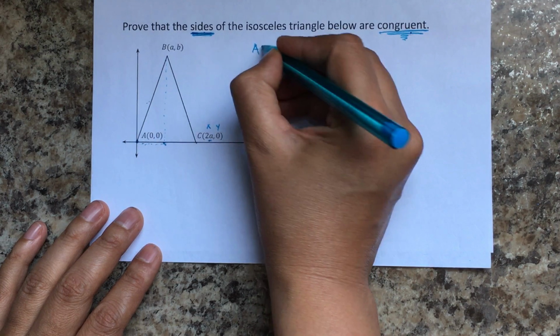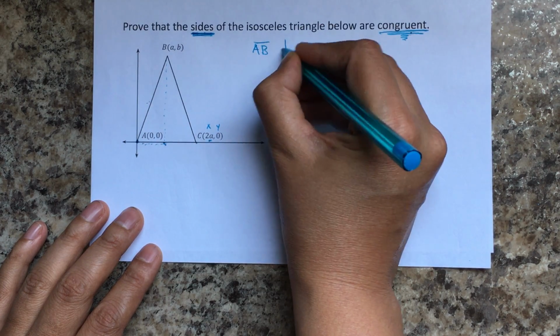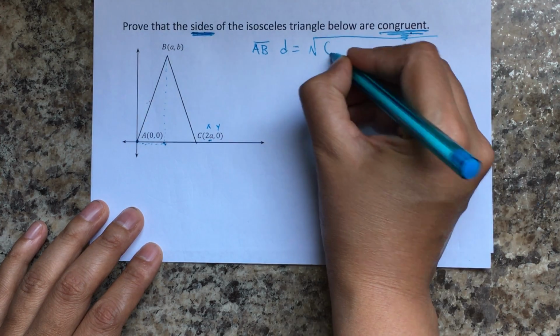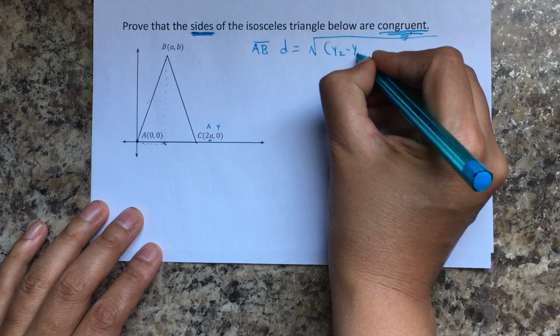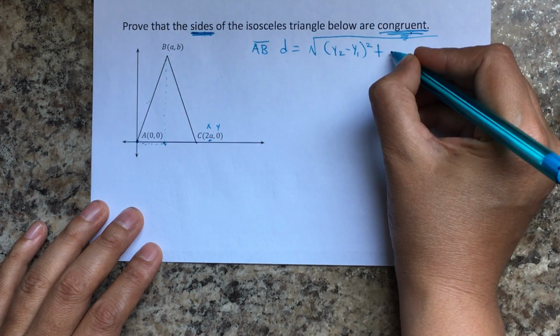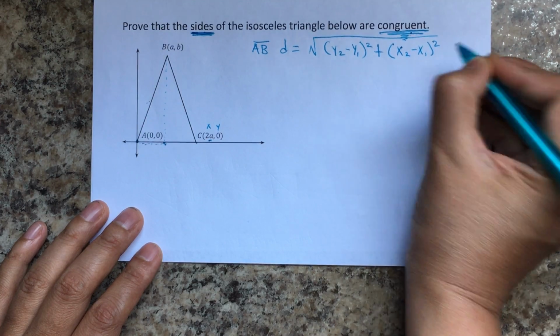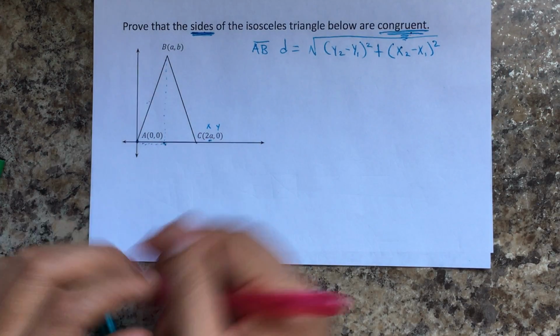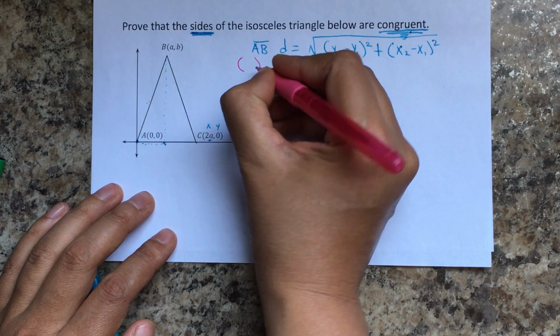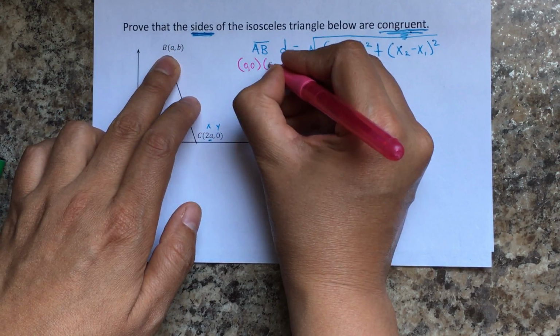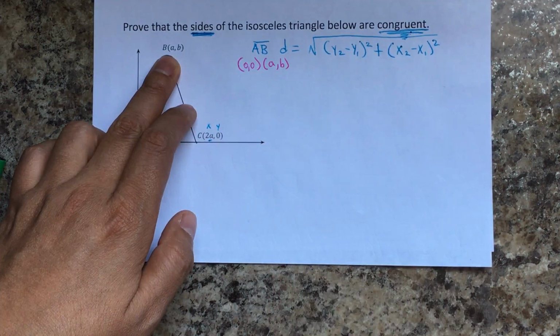So let's do distance AB. D equals the square root of (y2 minus y1) squared plus (x2 minus x1) squared. Point A is (0, 0) and point B is (a, b).